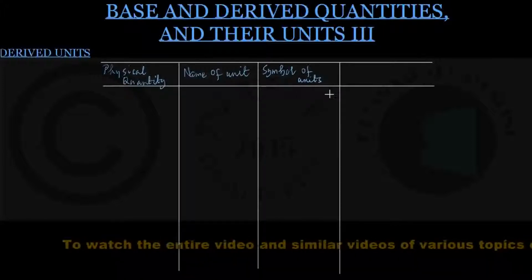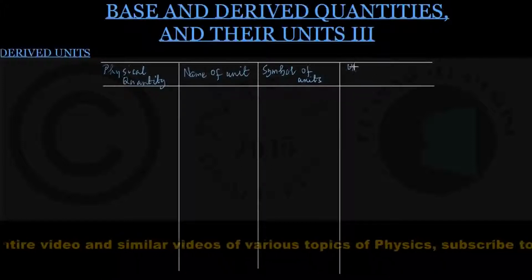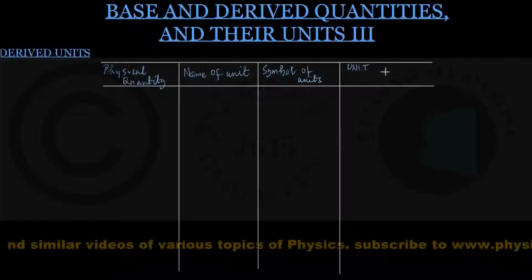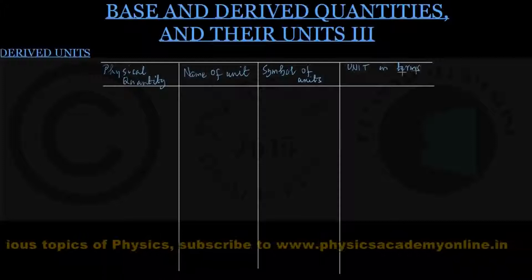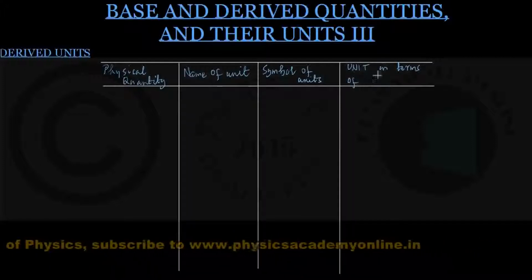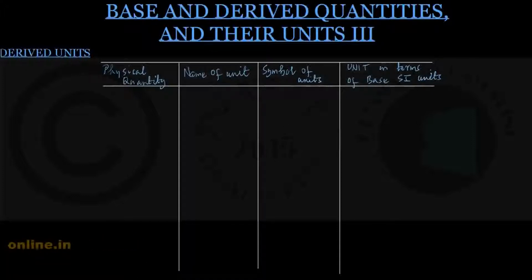But now we have made a 4th column that is called unit in terms of base SI units. That is the 4th column, and we shall be seeing here in the 4th column how we can construct the units of derived quantities with the help of the base units already defined by us.